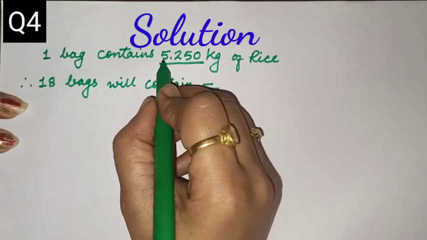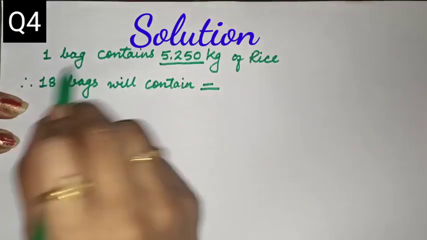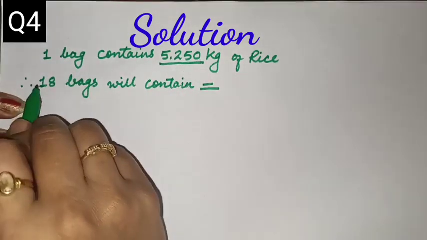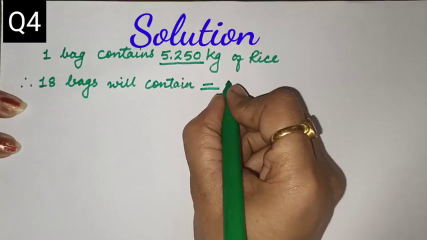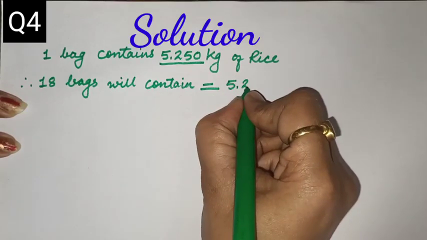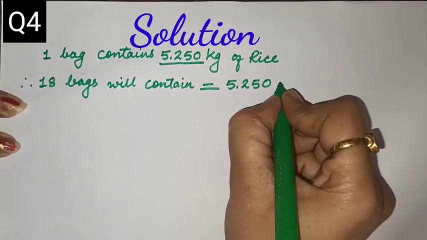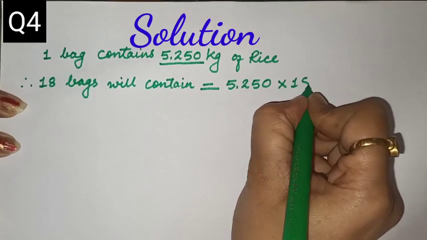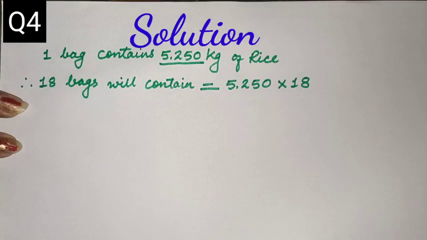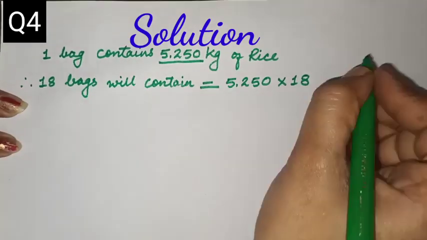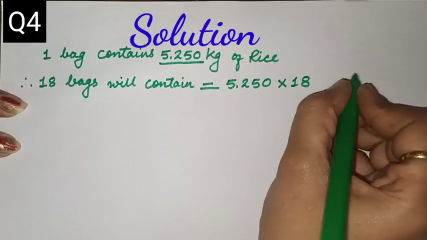Means in one bag 5.250 kg will be there, we have to multiply 5.250 kg with 18. Let us see, 5.250 is contained in one bag, we have to find out for 18, so we'll multiply it. So let us multiply. We'll have rough column here.